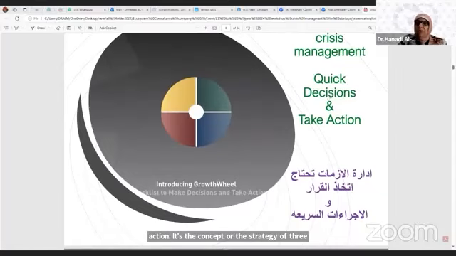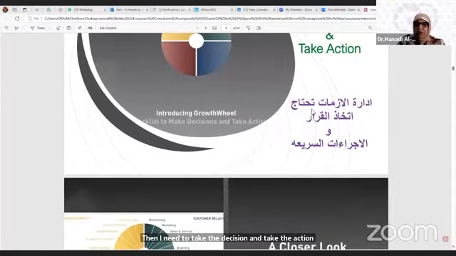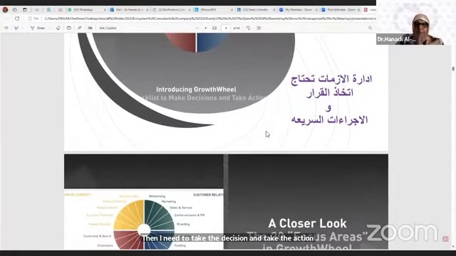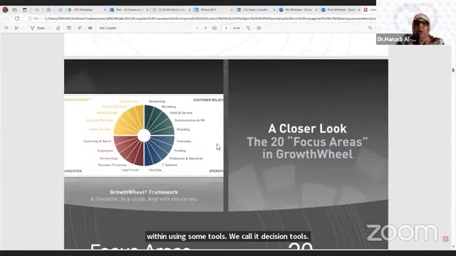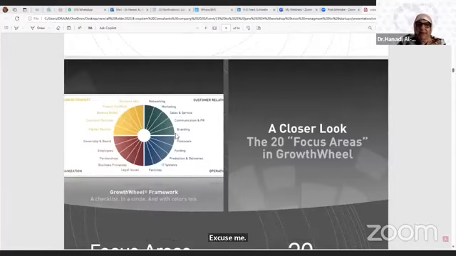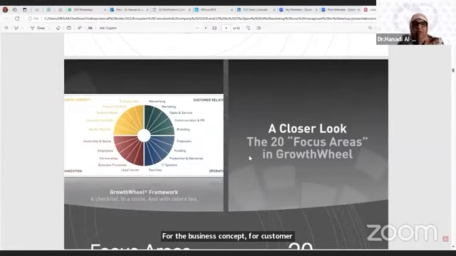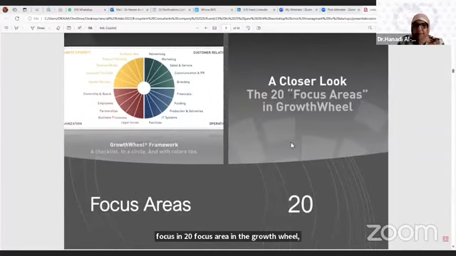Then I need to take the decision and take action using some tools. We call them decision tools. When we go closer, we have indicators for the business concept, customer relationship, operation and organization. Then I will focus on 20 focus areas in the Growth Wheel, or we can call them 20 indicators.